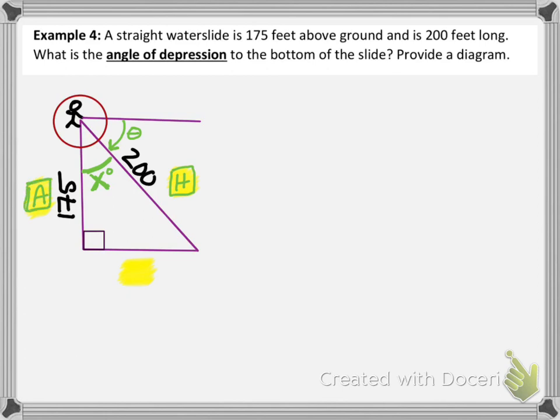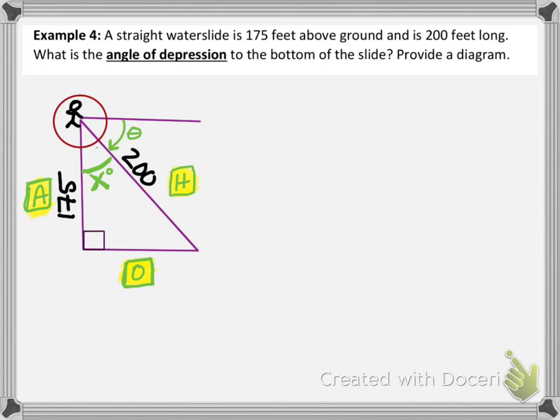Again, shading this, and this is where I'm standing. So those two sides have to be A and H. That's why I labeled them A and H. So this one has to be my O. It's too far away from me. The furthest side away from me will always be the O. It's always across from where I'm standing.